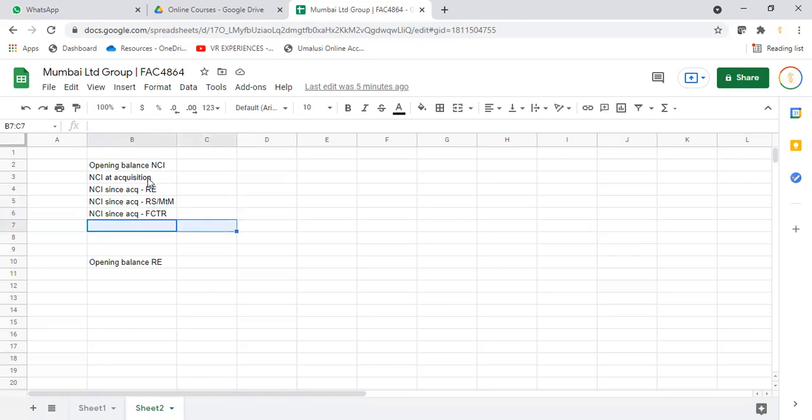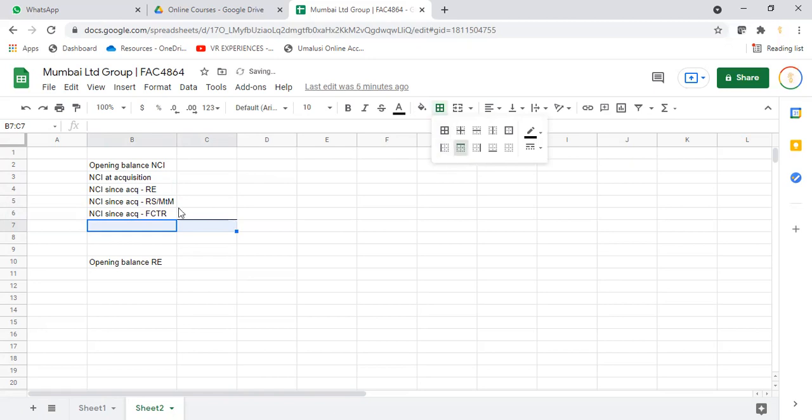Now, all of these amounts are the NCI's portion from a group perspective. When I say group perspective, I'm referring to after group adjustments have been taken into account. So this is how you calculate the NCI opening balance.